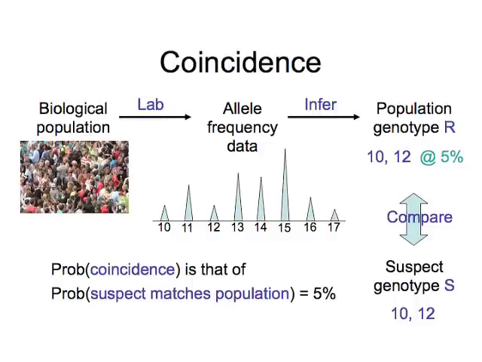Independently, without accounting for coancestry, the probability of a random person having this 10-12 genotype is 5%. The product rule of probability for combining independent events lets us multiply the suspect genotype probability of 1 times the population genotype probability of 5% to compute a coincidental match probability of 5%.